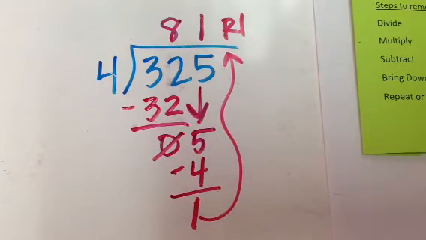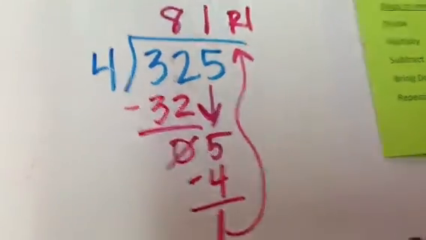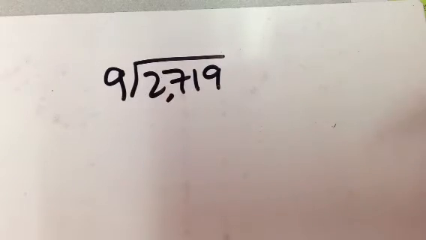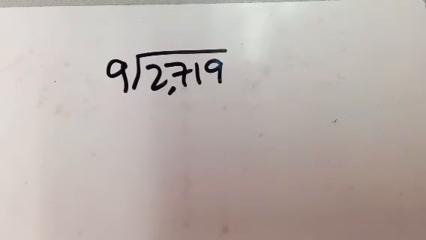There's another thing that you might encounter when you're doing division problems, and I want to show you an example of that right now. This is also an example of larger numbers, if you're given a problem with really big numbers to divide into. So, 2,719 divided by 9.